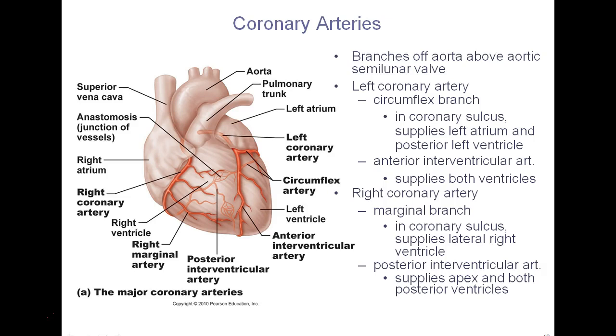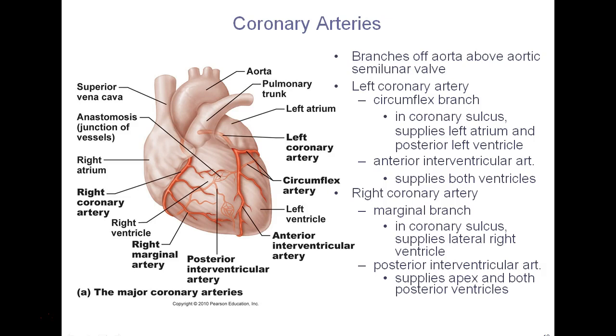Let's now turn our attention to coronary arteries. And again, the purpose of these coronary arteries is they're going to nourish the heart with oxygen and nutrients. And we have two main coronary arteries that originate off the ascending aorta, immediately superior to the aortic valve.